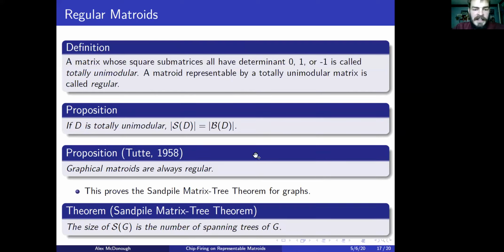So what this means is that it gives us the sandpile matrix tree theorem. It says that the size of the sandpile group of a graph is equal to just the number of bases of that graph or graphical matroid, and the bases correspond to spanning trees. I told you we were going to prove this theorem in a really roundabout way. Here's the proof.